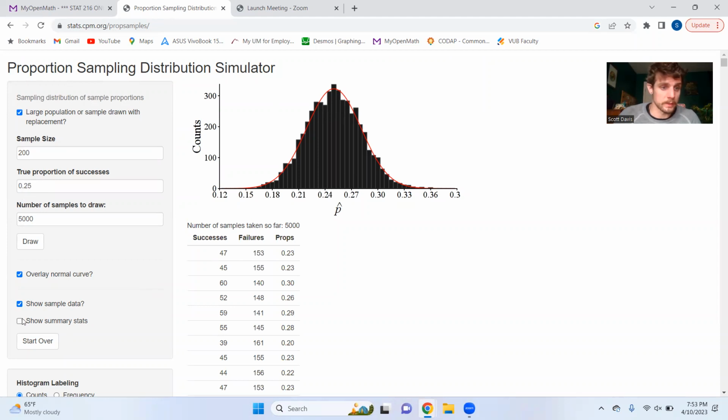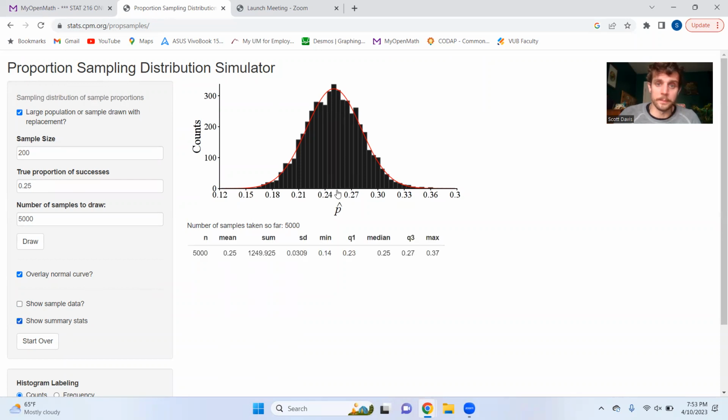So I don't want the sample data, I want the summary stats. This is saying that the middle of this distribution should be approximately 0.25. Here, our mean is exactly 0.25.